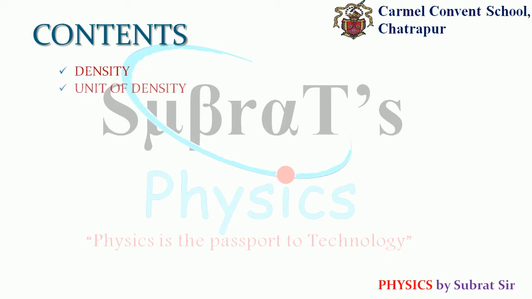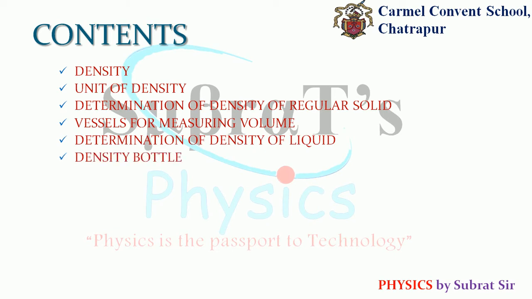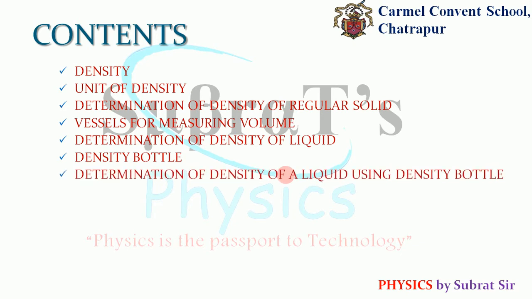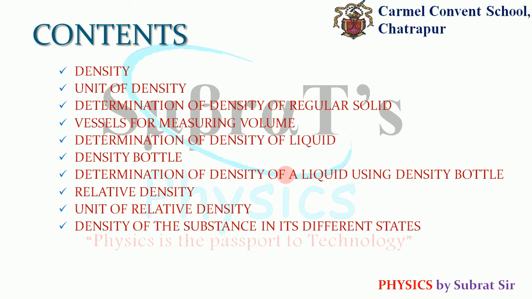Then the second one is unit of density, then determination of density of regular solid, vessels for measuring of volume, determination of density of liquid. Then we will have density bottle, determination of density of a liquid using the density bottle, then relative density, then unit of relative density, then density of a substance in its different states, that is solid, liquid and gases.